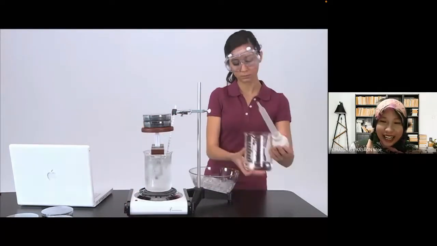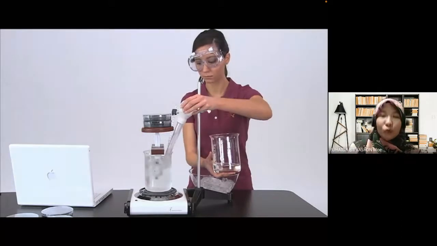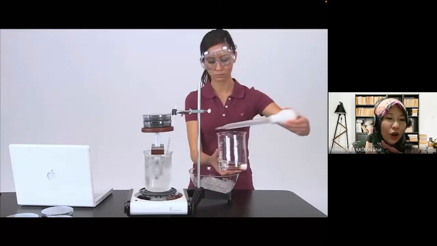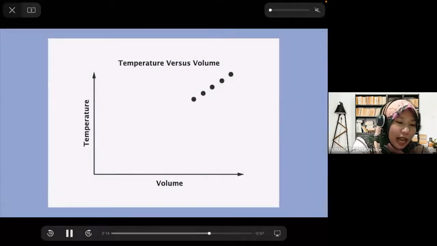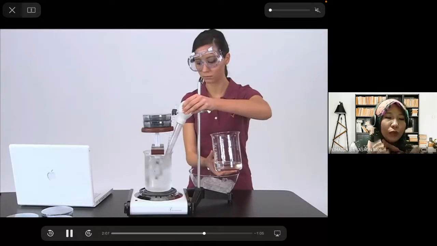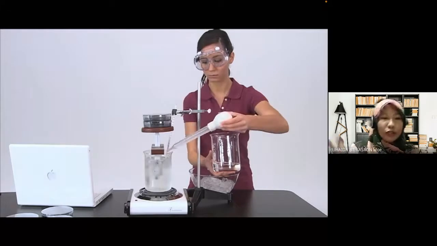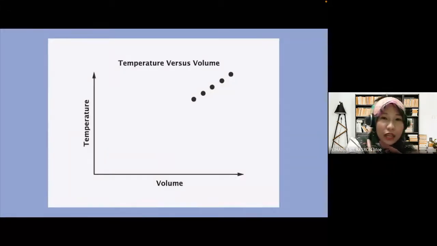Yeah, so the heating process will distribute to all the water. When we put in the ice, the water level will increase, so you have to throw away the excess water. Okay, so this is the graph that you're supposed to get.